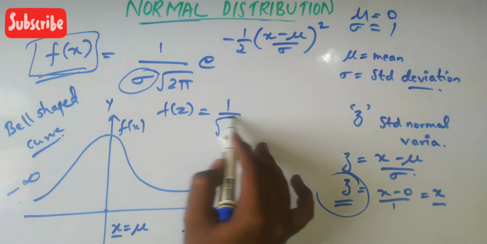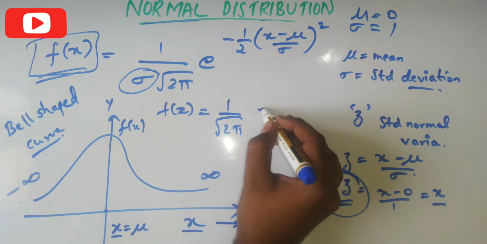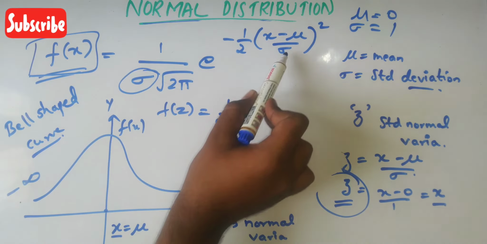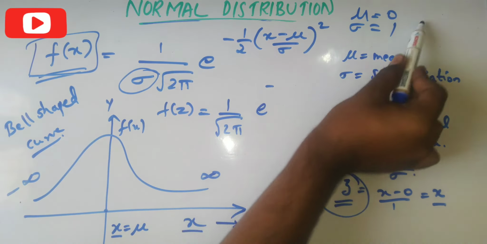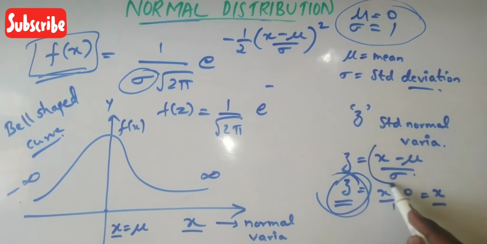So it is basically root 2 pi, sigma is 1, e power minus, now see here, x minus mu by sigma. For this condition, x minus mu by sigma is nothing but z. We know that z is equal to this part, correct?